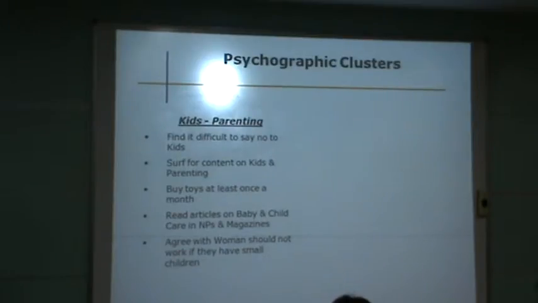Read articles on baby and child in newspapers and magazines. That means the fairly evolved audience which seeks information, considers information, and probably works on that information. So this is a good space where probably a mother-child care product can get into. Maybe a Horlicks can enter it.